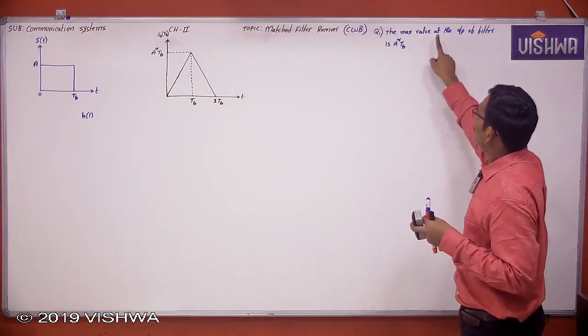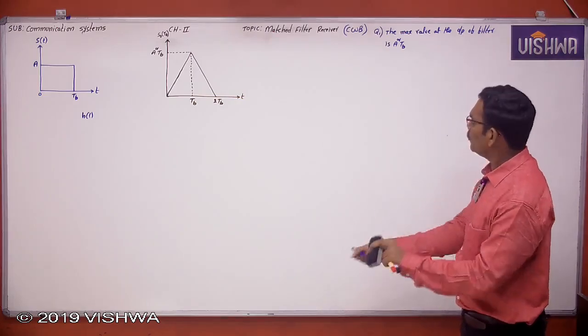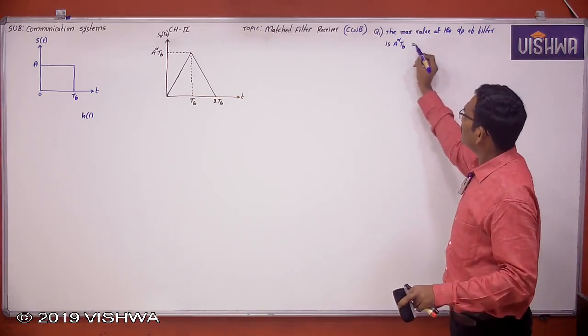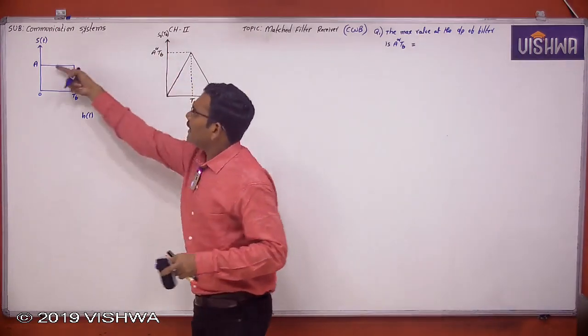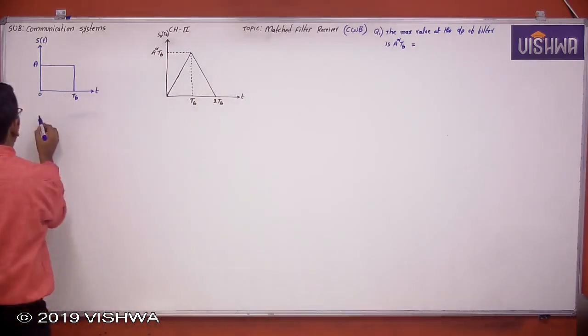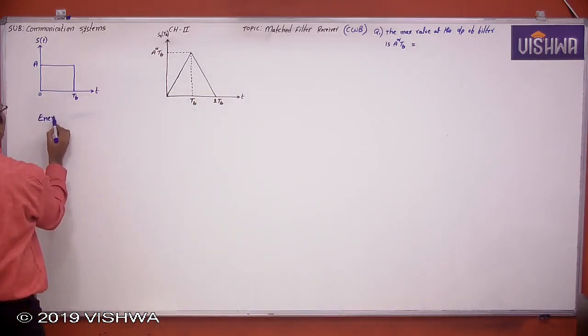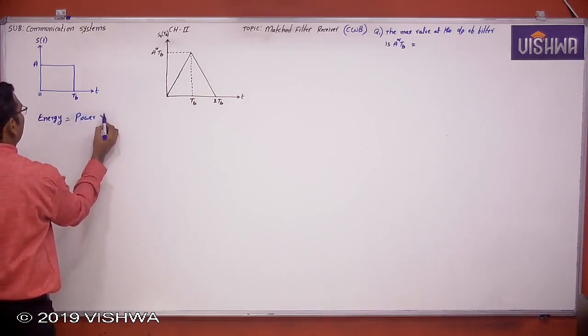The maximum value at the output of the filter, in this example, is A squared TB. Now, is this A squared TB the energy of the input signal or not? See, what is energy? Energy is power into time.